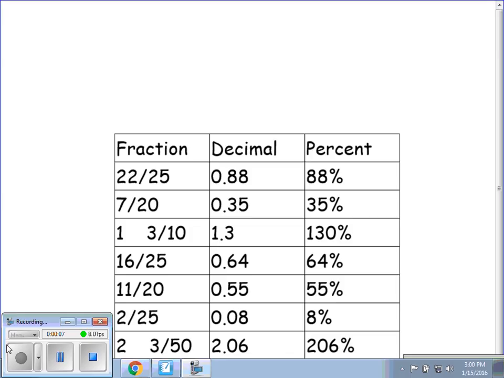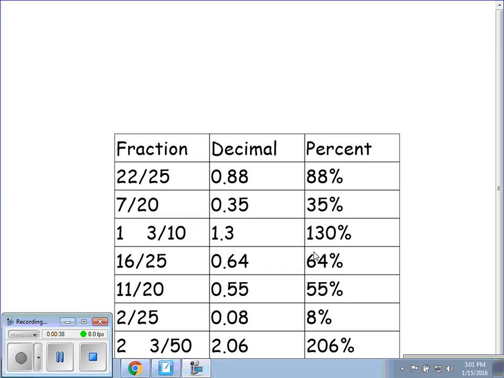Let's take a look at this chart and see if we can make some observations, some inferences, and maybe make up a rule, especially changing decimals to percents and percents to decimals. So when I look at a decimal column and compare it to my percent column: 88 hundredths, 88%, 35 hundredths, 35%, 1 3/10, 130%, and so on.